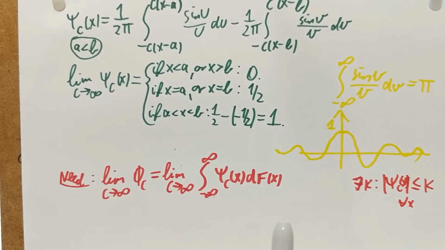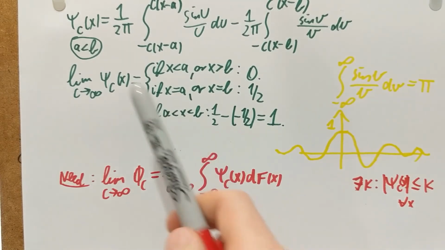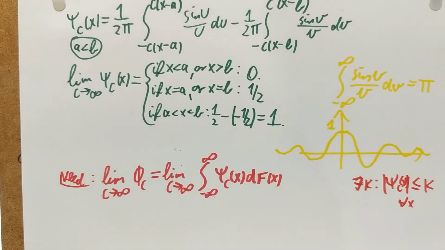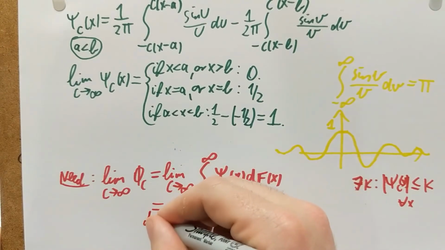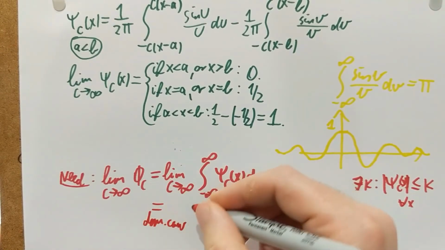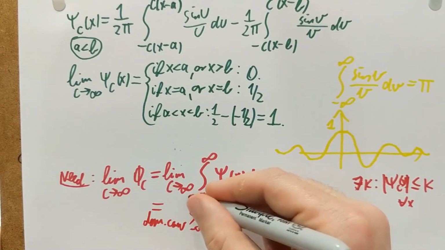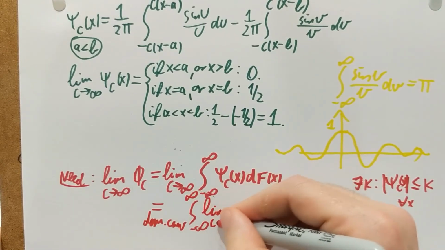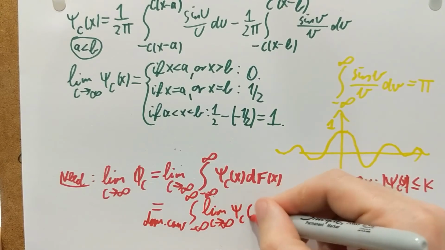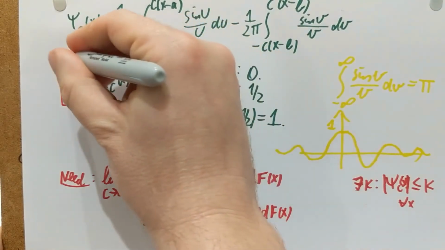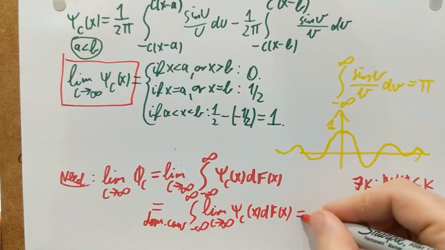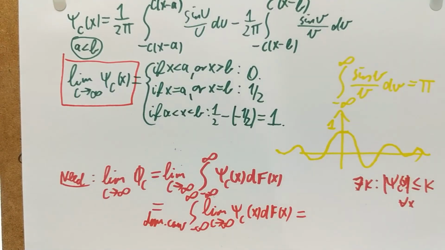And therefore we can apply the bounded convergence theorem, which will bring this limit on the psi in and out of the integration. So by bounded or dominated convergence, this is actually equal to the integral from minus infinity to infinity of the limit as c goes to infinity of psi of c. But that limit is exactly what we calculated up here. So this limit is 0 outside a or b, so I have no contribution when my random variable is outside a or b.